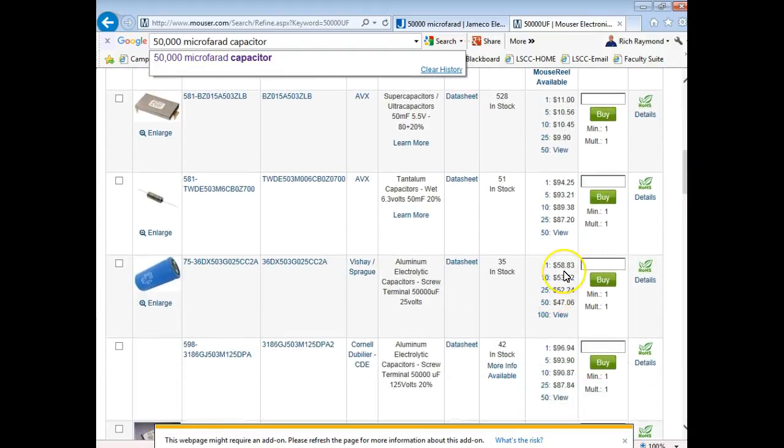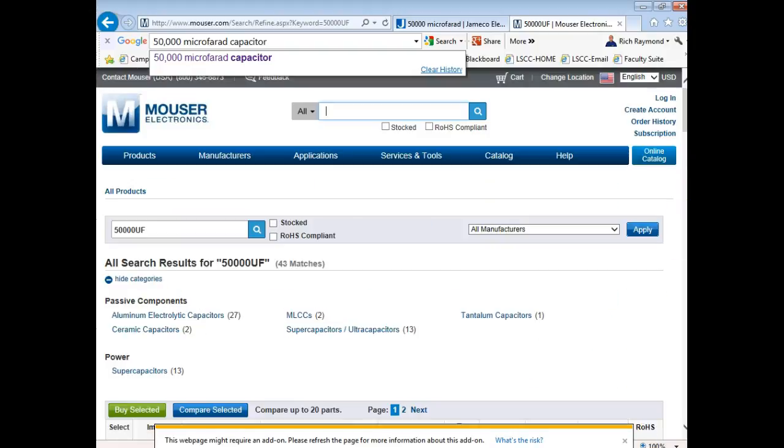So here it is. They cost about $58.83 a piece. But we get very, very little ripple, right? You understand that? 33 millivolts of ripple. But if we drop the capacitor down, what's going to happen to the ripple? It's going to go up, right? So it all depends on what we need, what we can get by, and what we're going to regulate. This is a pretty good size capacitor, and it's not very cheap. So any questions? You okay?